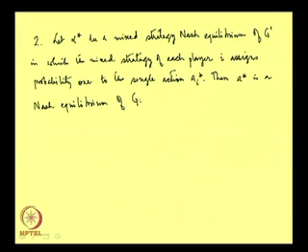Then A dash is a Nash equilibrium of G. So this is telling me how to go from G dash to G.